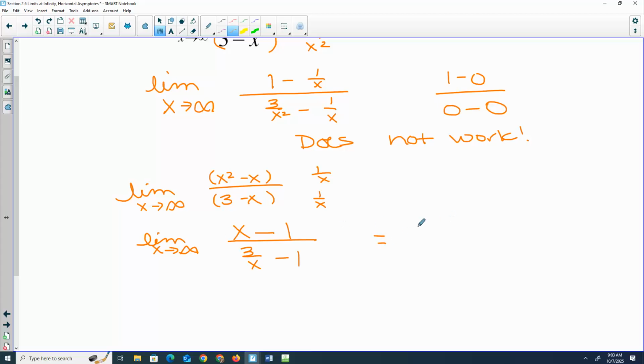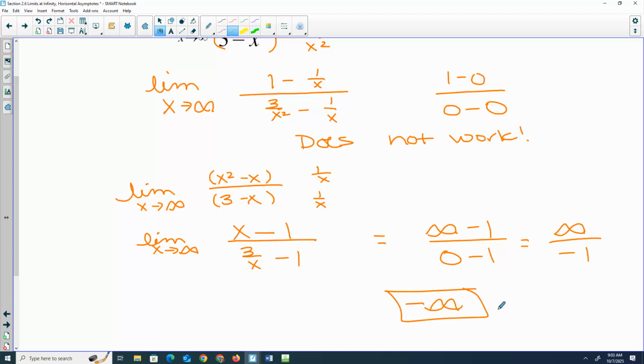Now if I put in infinity, on the top we get infinity minus 1, 3 over infinity is 0 minus 1. So we have a really big number divided by negative 1. So what do we get? Negative infinity. So with these problems, you're not always going to get it on the first try. We had to go back and modify our approach, and that's because we had a higher power of x on the top than the bottom.